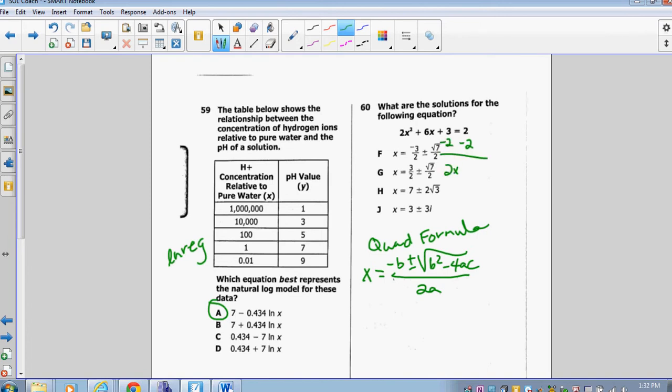So it's 2x squared plus 6x plus 1 equals 0. So that's our A, B, and C. Alright, so negative 6 plus or minus the square root. B squared is 36 minus 4 times 2 times 1 all over twice A, so 2 times 2.